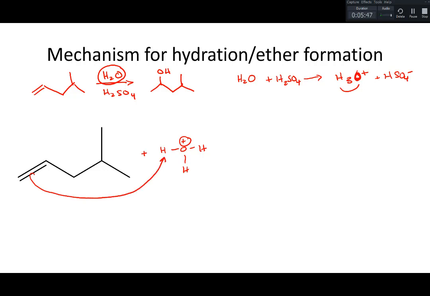And you could have gone to any of the hydrogens at that point. I just usually pick the one that's closest. And then this bond is going to break, and that pair of electrons will end up back with the water. And then we're going to form this intermediate.